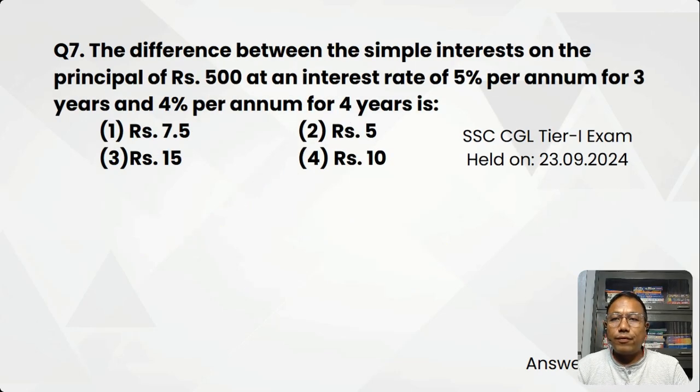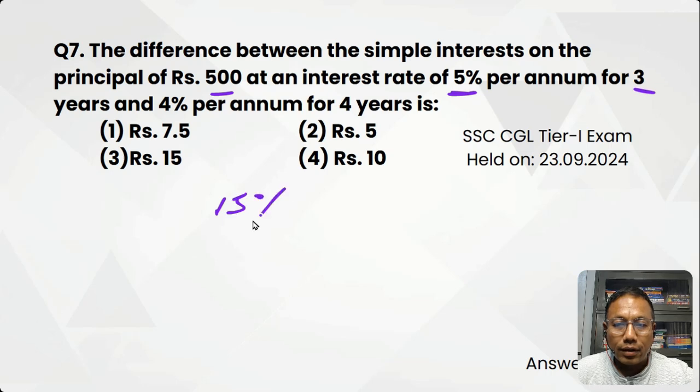Let's solve another question. Question number 7. The difference between simple interest on the principal of 5,000 at an interest of 5% per annum for 3 years, 5 threes are 15%. This is 15%. And 4% per annum for 4 years, 4 fours are 16%.